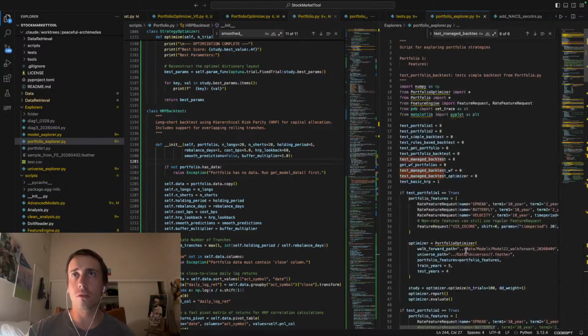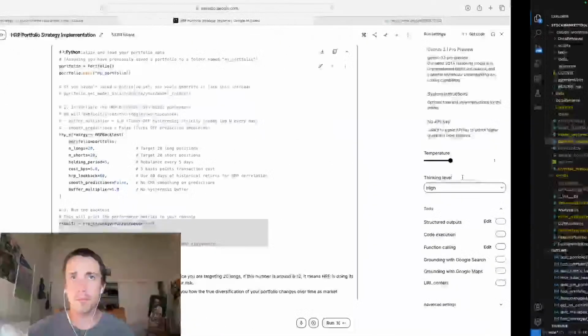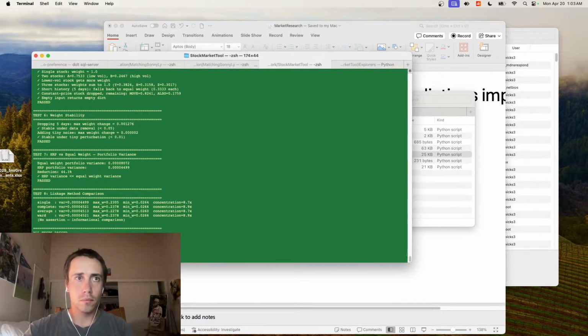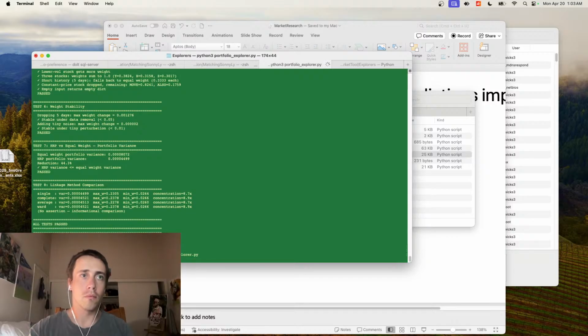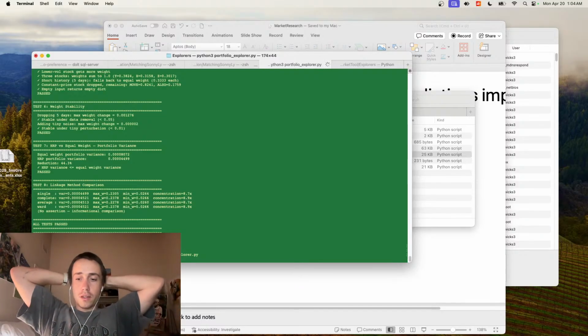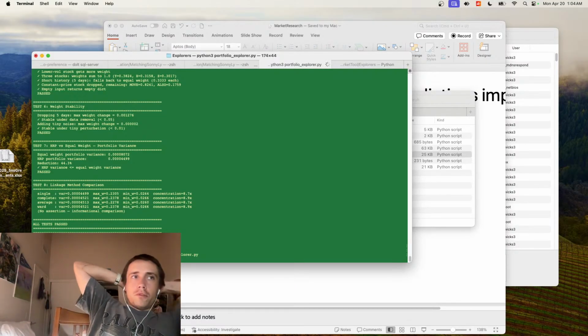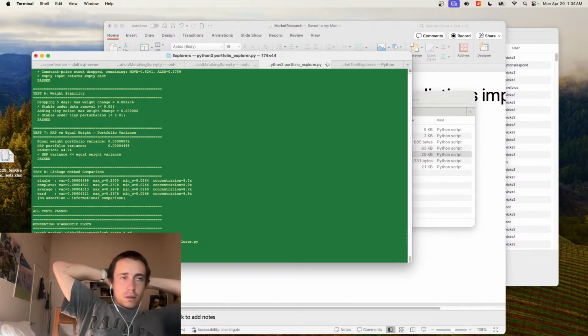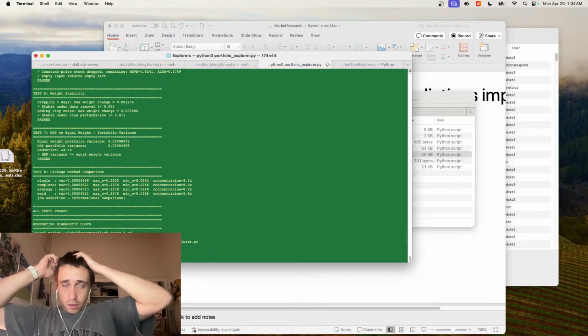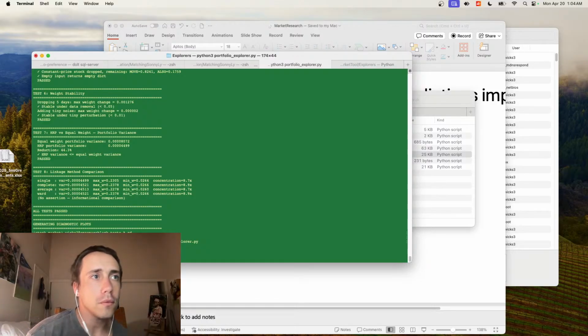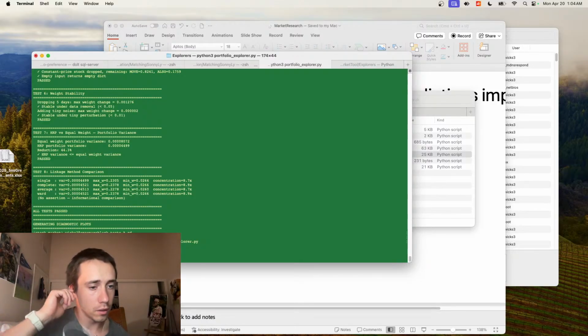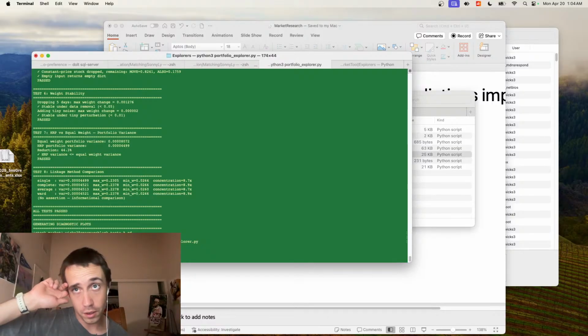Okay, so now let's do Python 3 Portfolio Explorer. Okay, and let's see how this works. And then I can go through and see, does this improve?